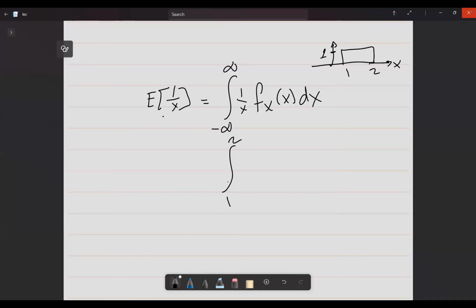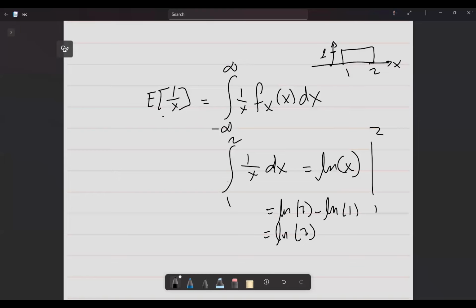The integration of 1 over x is the natural logarithm of x, so it will be ln x from 1 up to 2, which is ln 2 minus ln 1. And ln 1 is equal to 0, which means this is equal to ln 2. So the average of 1 over x is equal to the natural logarithm of 2. This is the solution of the first quiz.